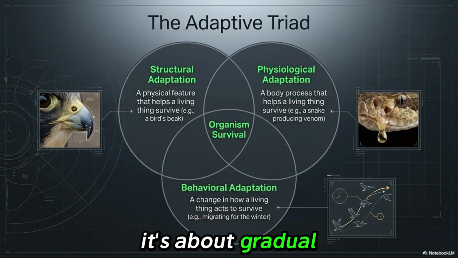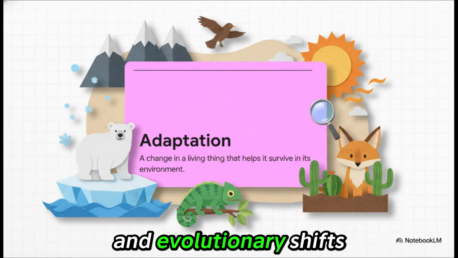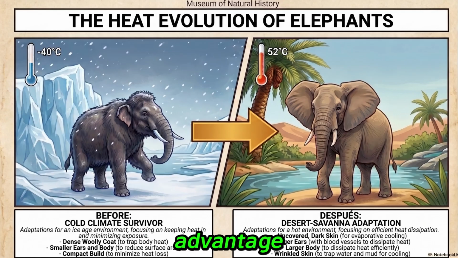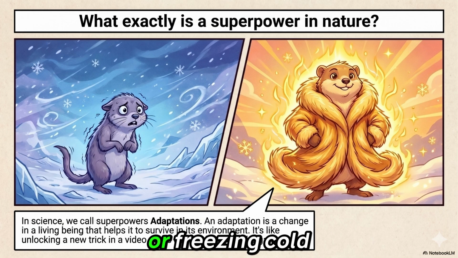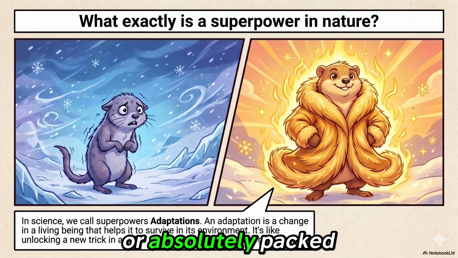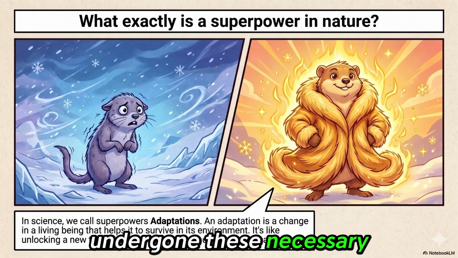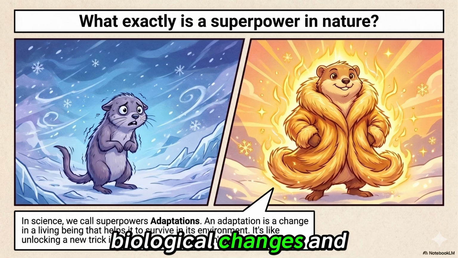It's about gradual biological and evolutionary shifts over time that give an organism a distinct advantage. If an environment is insanely hot or freezing cold or absolutely packed with predators, the living things that survive there are the ones that have undergone these necessary biological changes.